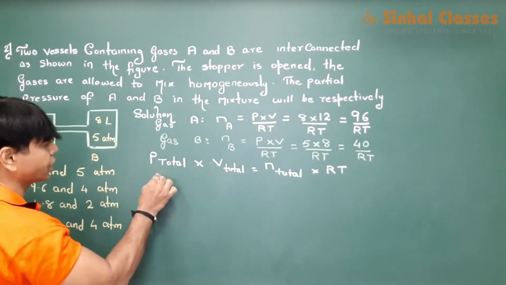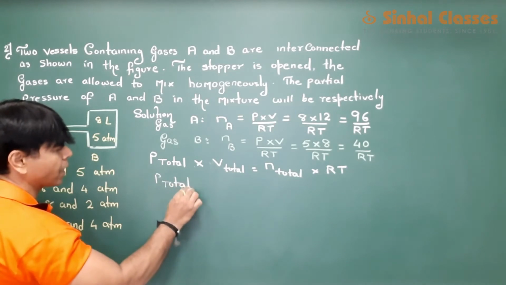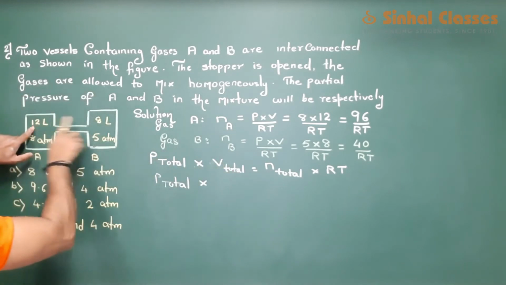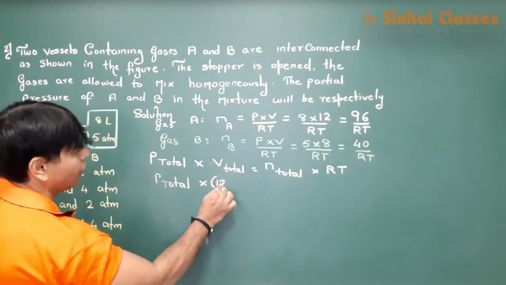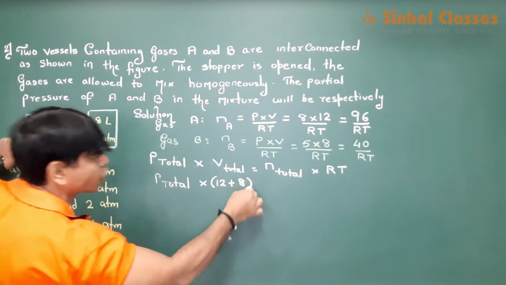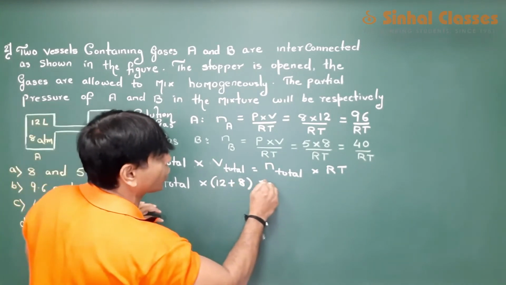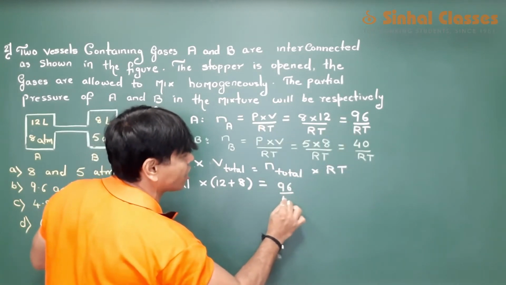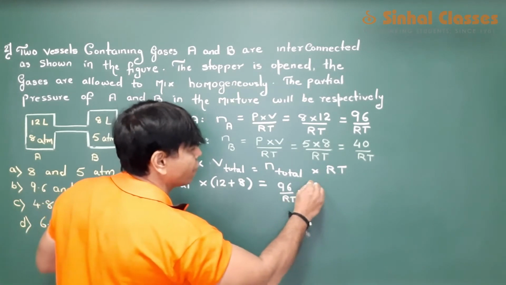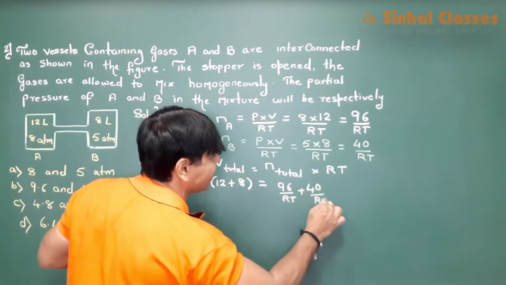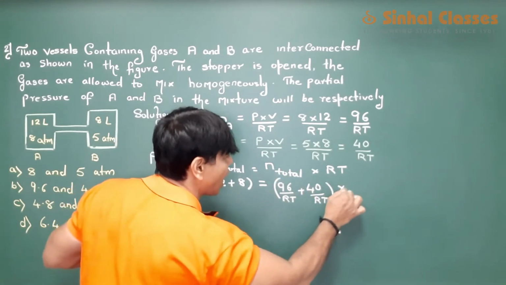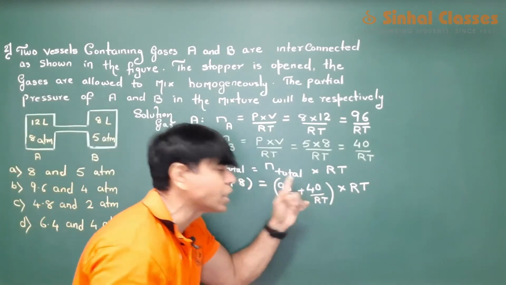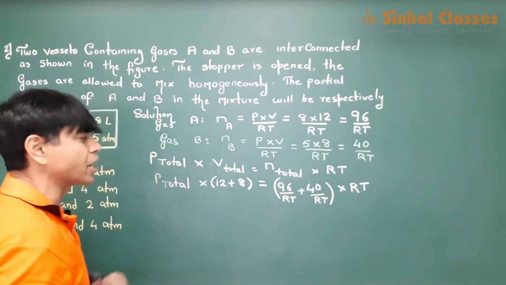So total pressure will be equal to, what will be the total volume? 12 plus 8, so 12 plus 8 liters will be the total volume. What will be the total moles? Total moles will be 96 upon RT plus 40 upon RT, into RT. Now we just need to solve this in order to get the total pressure.